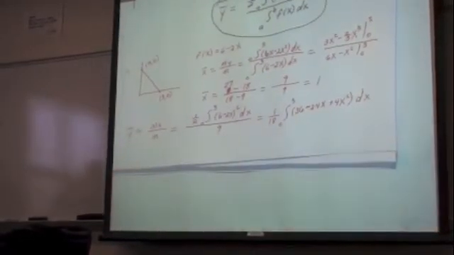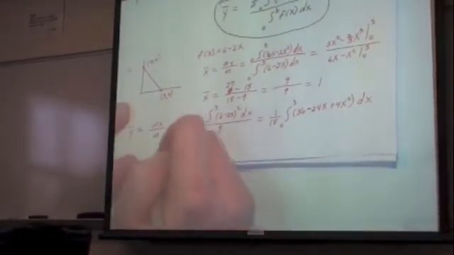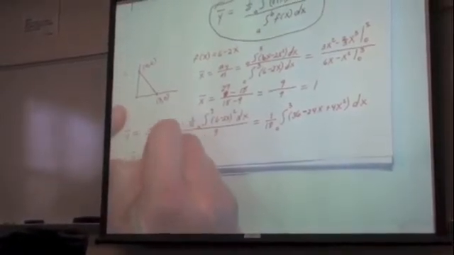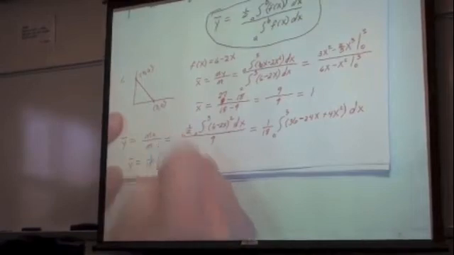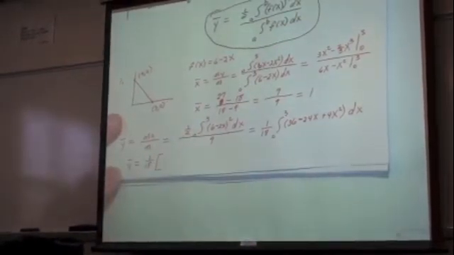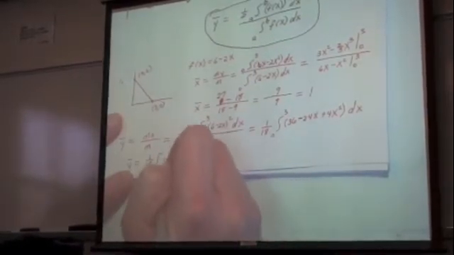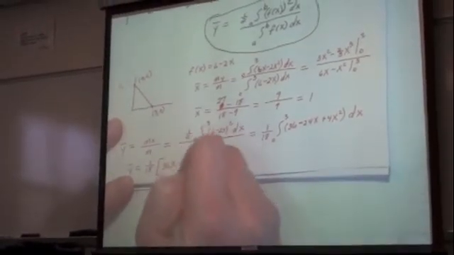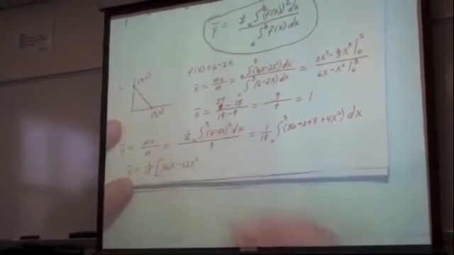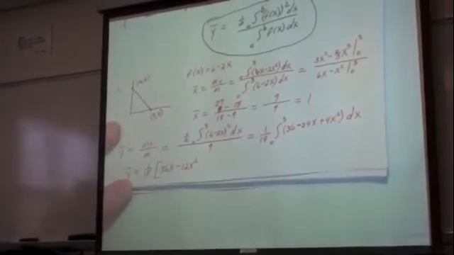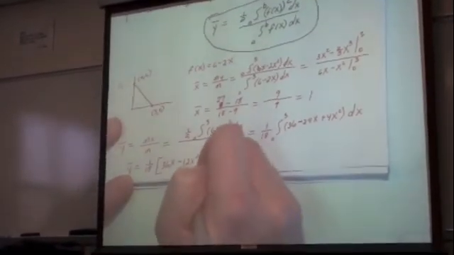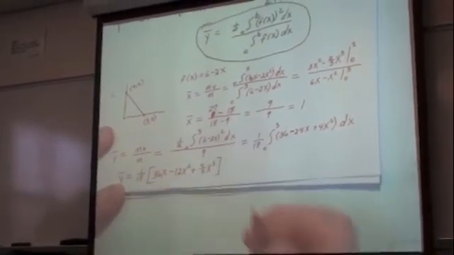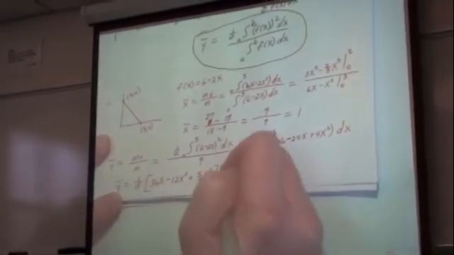This should work nicely. So I'll say the average y value is 1/18 times the group, 36x minus 24x squared over 2, minus 12x squared, plus 4/3 x cubed, and then we're evaluating this from 0 to 3.